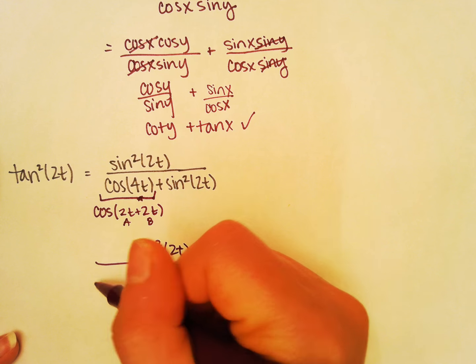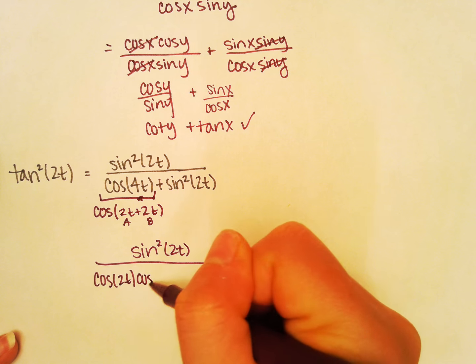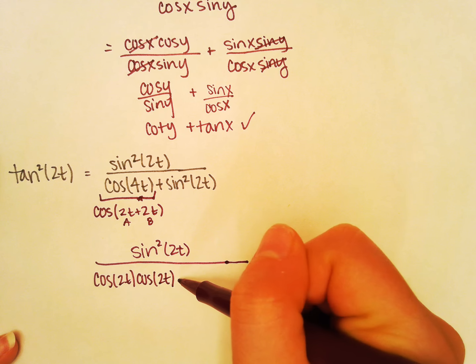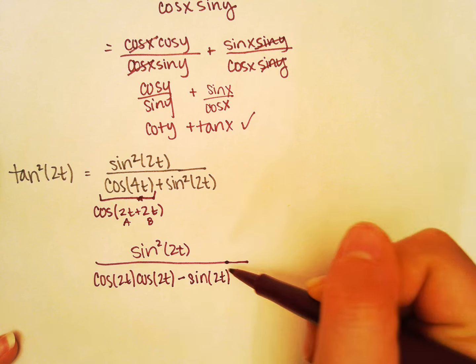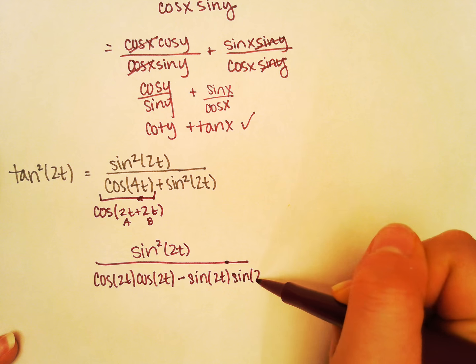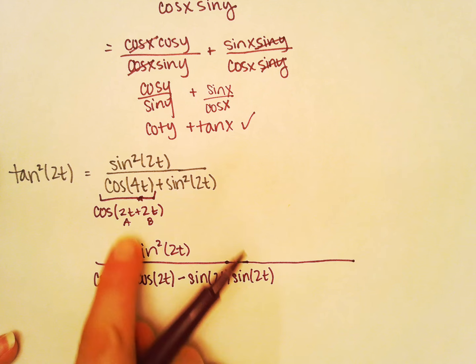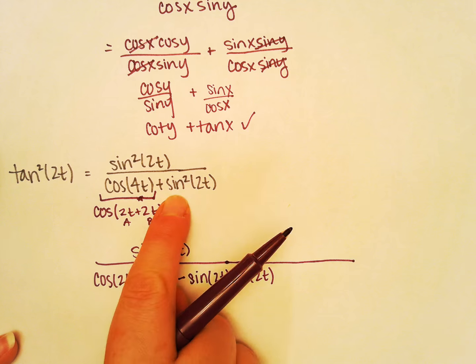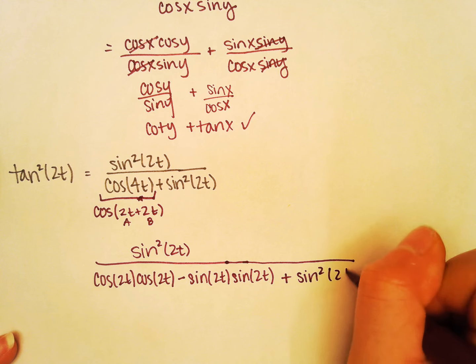So we'll have the cosine of A, which is 2t, times the cosine of B, which is 2t, minus the sine of A, which is 2t, times the sine of B, which is 2t. That's the first part, the cosine of 2t plus 2t, and then I have plus the sine squared of 2t here at the end.